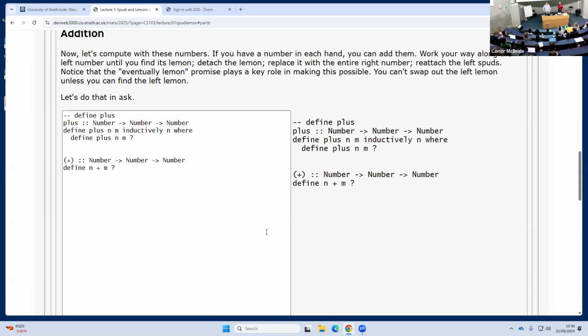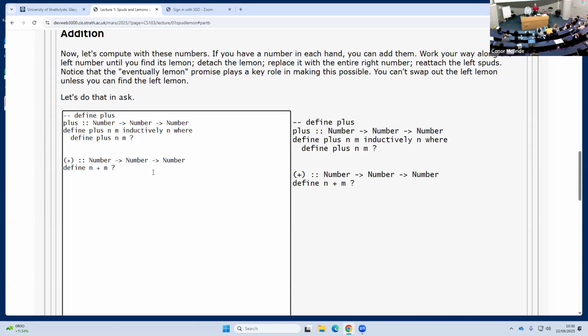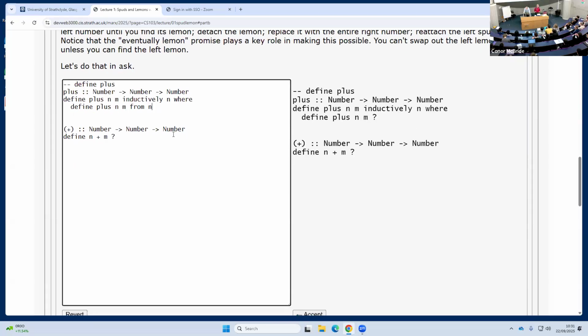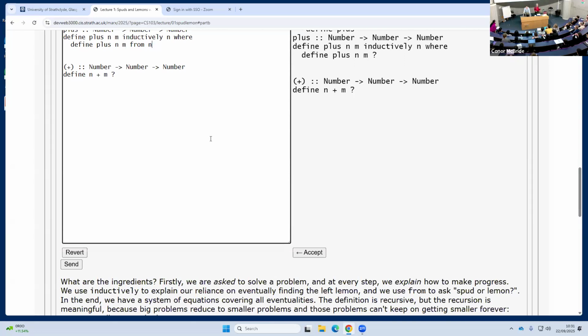The next thing we do is exactly what we did here: we ask, which kind of number are you? So from n, I do it there. Sorry, we'll fix that in a moment. From n, ask always says, where did you come from? What made you?